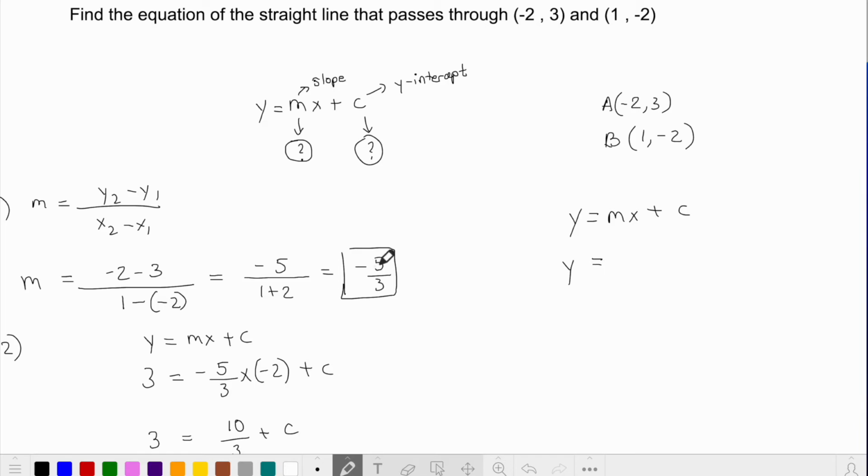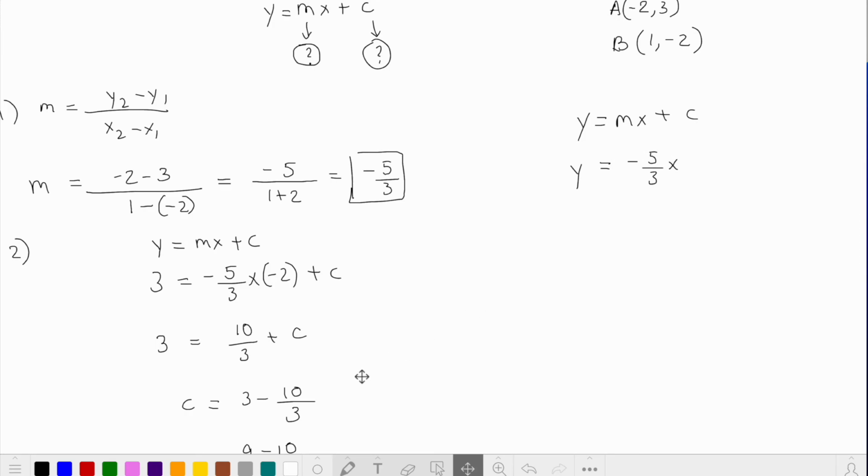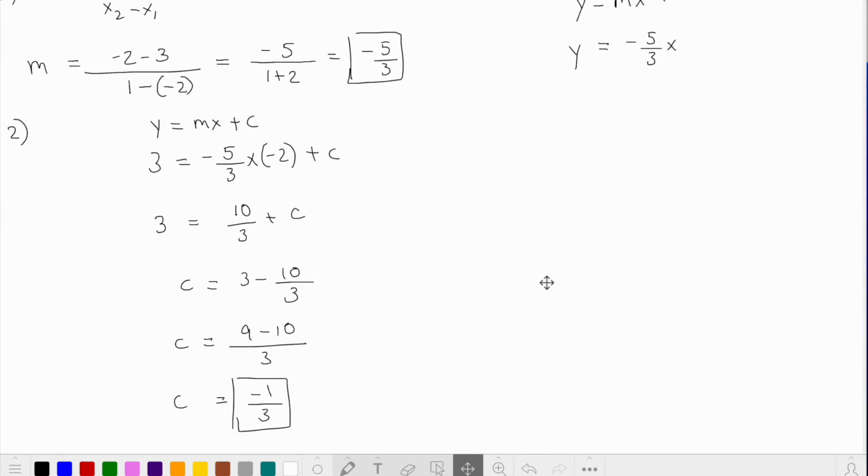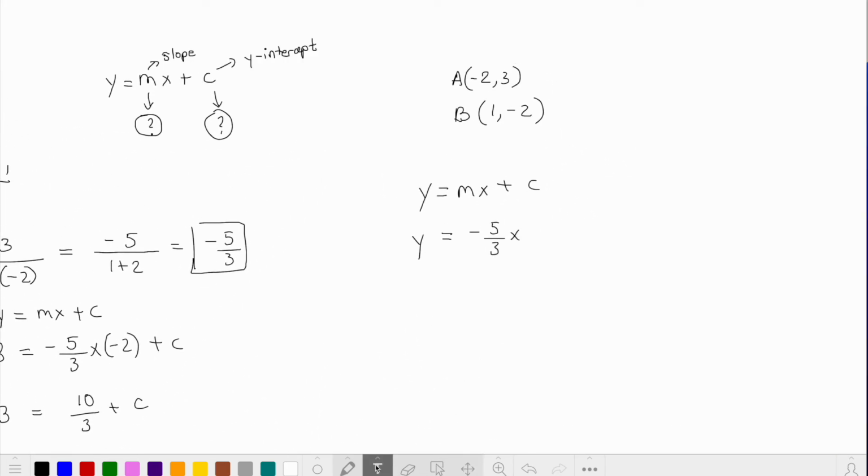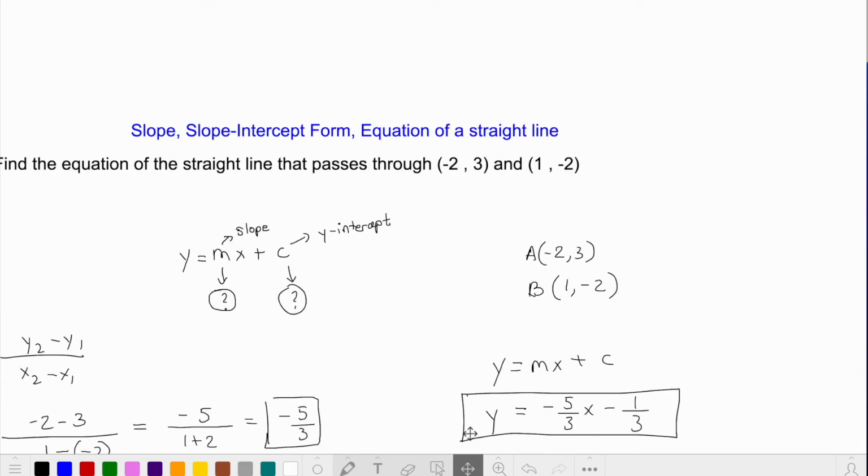Here we have the slope as negative 5 by 3 x plus c, and c is negative 1/3. This is the equation of the line that passes through (-2, 3) and (1, -2).